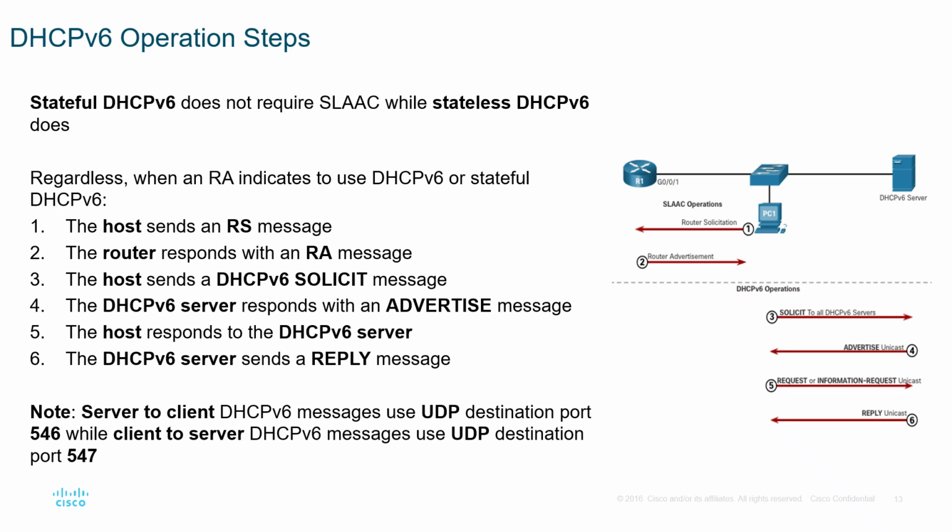So the process is the same in gaining information from a server. The names are just different. In IPv6, it's solicit. You're soliciting for information. The server will then respond with an advertise message. The host will then respond to the DHCP server, where the server will then send a reply with the designated information. Server to client DHCP messages use UDP destination port 546, while client to server will use 547.